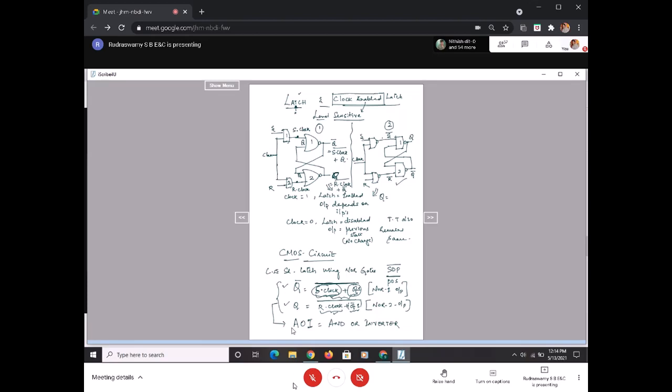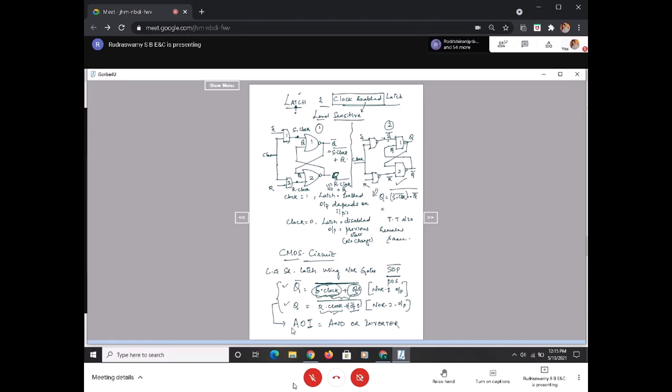Okay, what is the Q expression over here then? Yes, what is the expression over here now? It is S dot clock bar. This is one, and that is ANDed with Q bar, into Q bar whole bar, right?